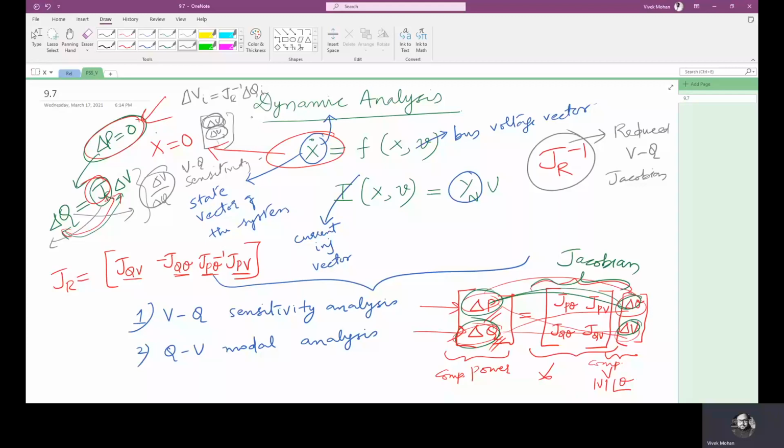Conversely, a negative VQ sensitivity is indicative of unstable operation. A small negative sensitivity represents a very unstable operation.